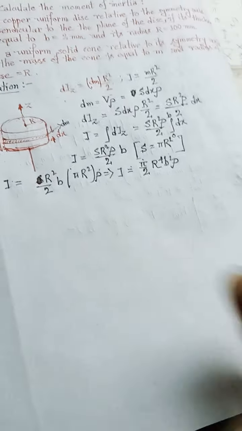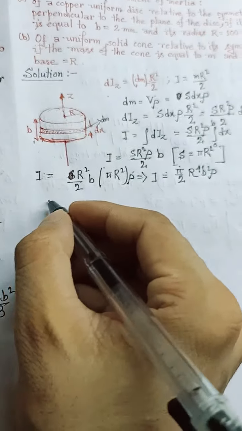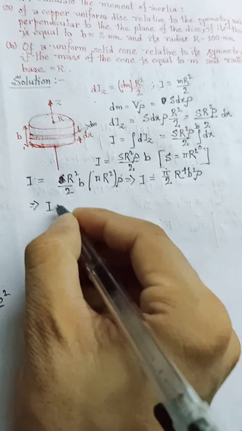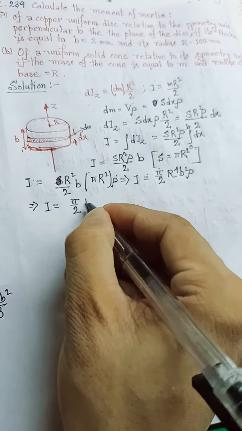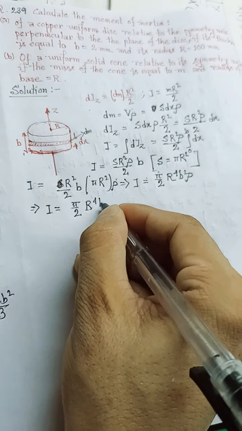So the total moment of inertia of this disc will be I total equal to pi divided by 2 r to the power 4 b rho.